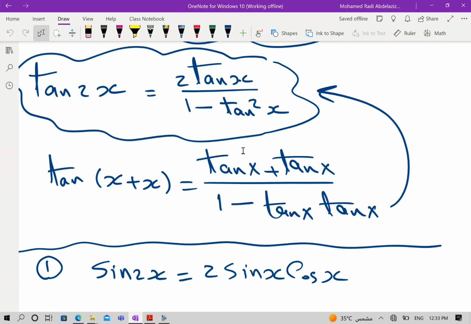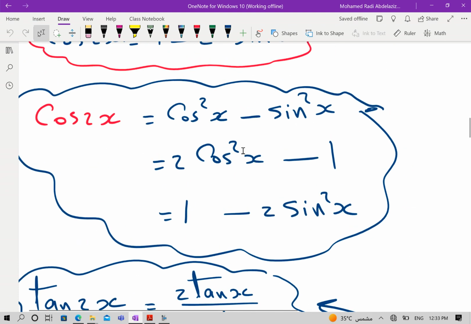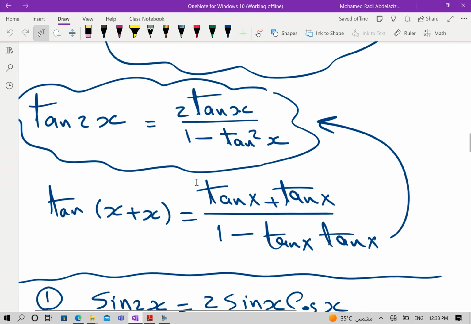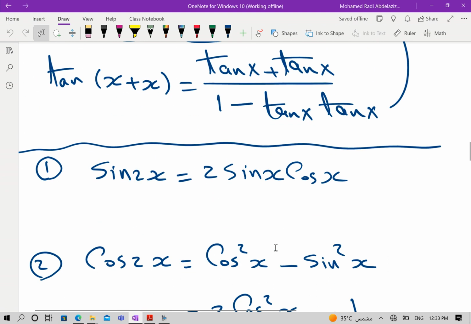In the same way, for tan 2x, split it into tan x plus tan x over 1 minus tan x tan x. If you simplify it, tan 2x is 2 tan x over 1 minus tan squared x.